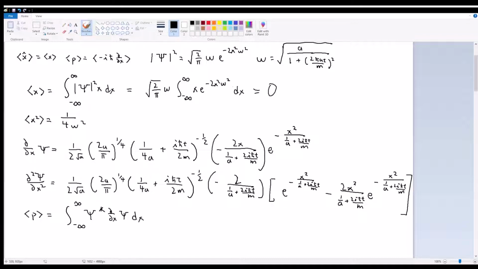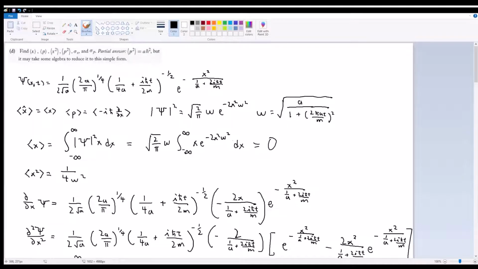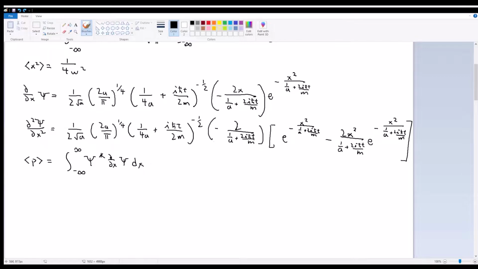So we thankfully don't even have to do this fully, because obviously there are imaginary terms that differ, but the main point is that psi star multiplied by the derivative of psi is going to have this Gaussian function, and this is even no matter what. If we differentiate it, we get this extra x term at the front, and that's an odd function. So for the same reason that the expectation value of x equals 0, the expectation value of p is also going to equal just 0.